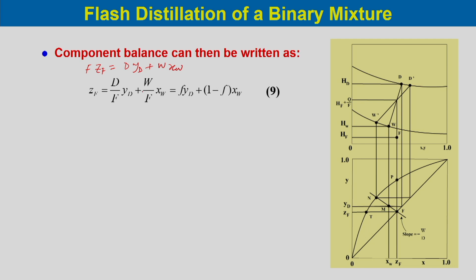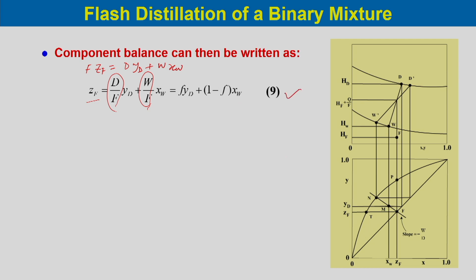Now, if we divide both sides by F, ZF would be equal to D by F YD plus W by F XW, which is equal to f YD plus 1 minus f XW.